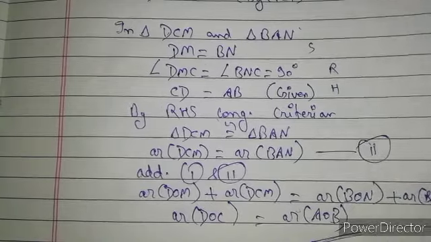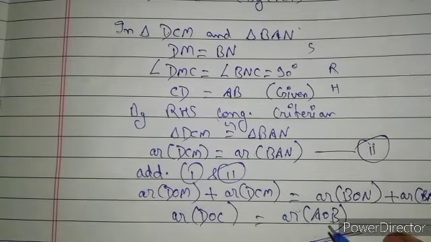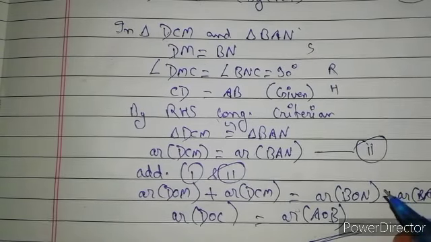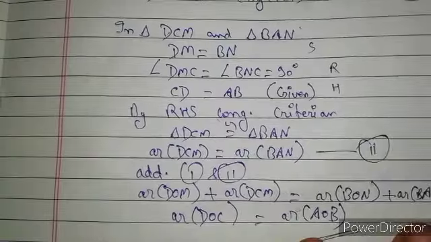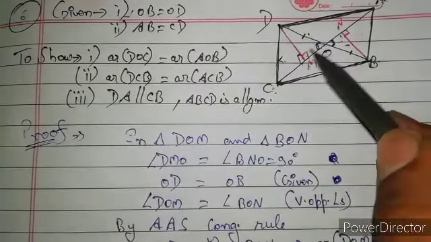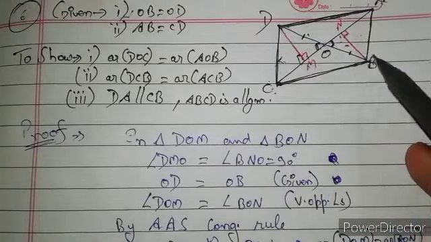I hope you all understood this part. Now let's move to the second part, in which we have to prove that area of DCB is equal to area of ABC. Here we have already proved that area of DOC is equal to area of AOB.